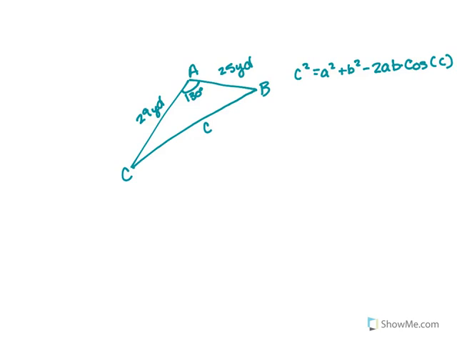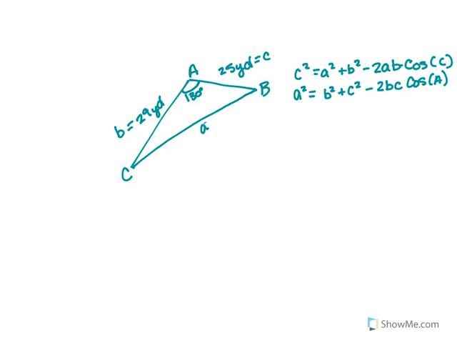Technically, you guys, we would label this one A, right? We would label this one B, and we would label this one C, because it's the side that's across from the angle that corresponds with it. If we were going to do it that way, I'm going to rewrite this equation for you. We're going to find A squared equals B squared plus C squared minus 2 times B times C times the cosine of A. That's the same thing.